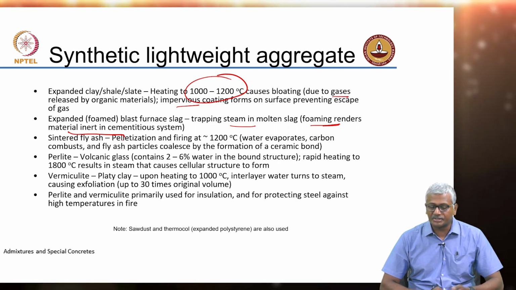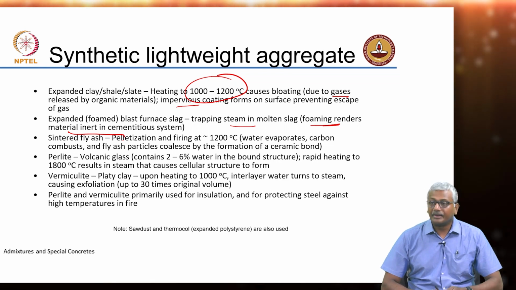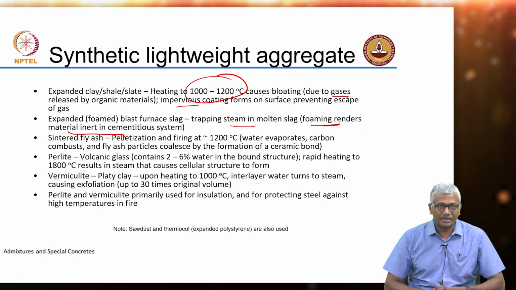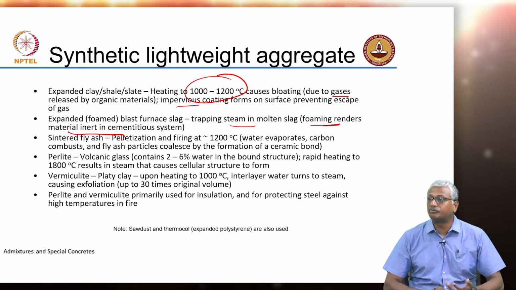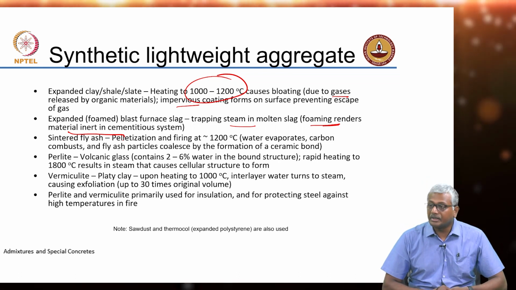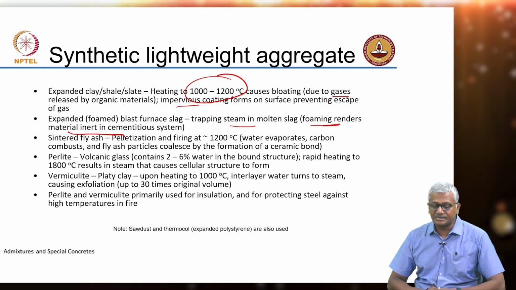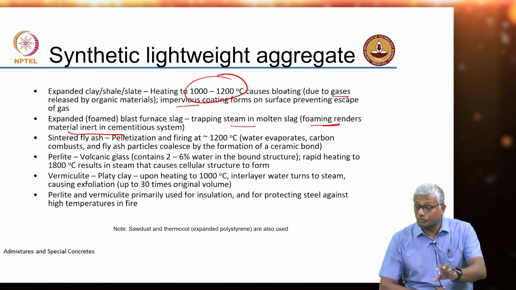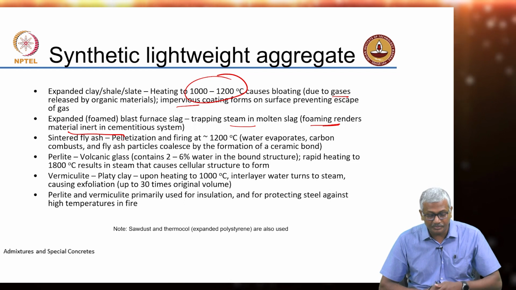Perlite is essentially volcanic glass. It contains 2 to 6% water in the bound structure, and again this has to be heated rapidly to 1800 degrees Celsius. So, perlite is a foliated volcanic glass. So, when you heat it to 1800, that results in steam that encapsulates air inside the system. Sorry, perlite is not foliated, vermiculite is foliated. I keep getting confused.